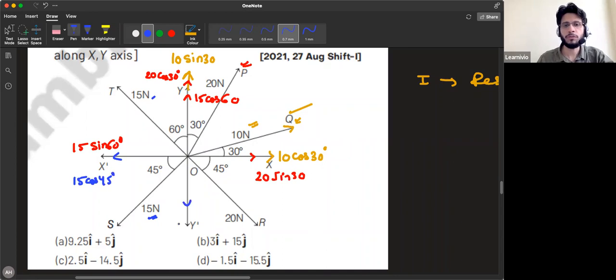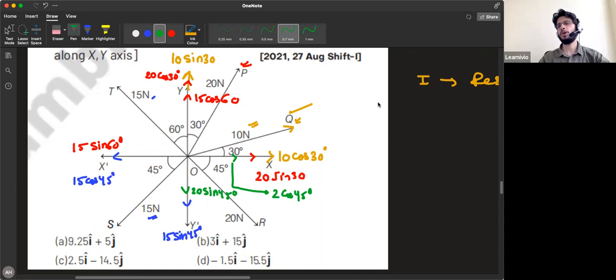And downwards, it will be 15 sine 45. Next, we can take component of this 20 Newton also. So along x-axis, it will have 20 cos 45. And along y-axis, it will be 20 sine 45.